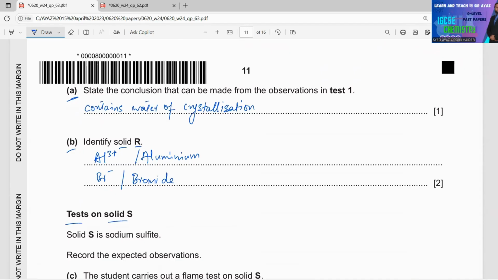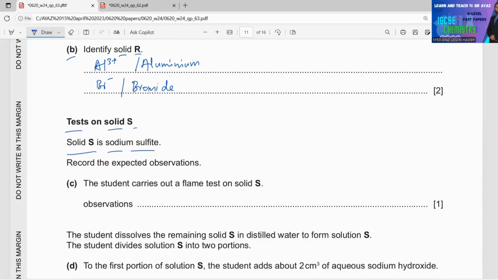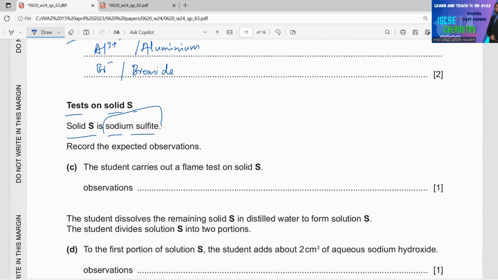Now tests on solid S. Solid S is sodium sulfide. Now they gave us the name of the compound, which is sodium sulfide here. Record the expected observations. The student carries out a flame test on solid S. Observations. Sodium sulfide contains Na+ ion and sulfide, S2-.